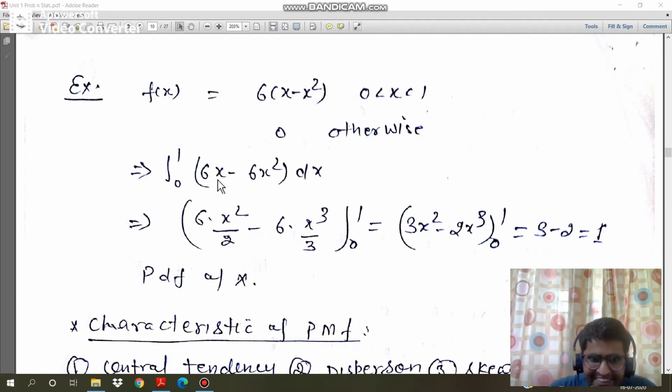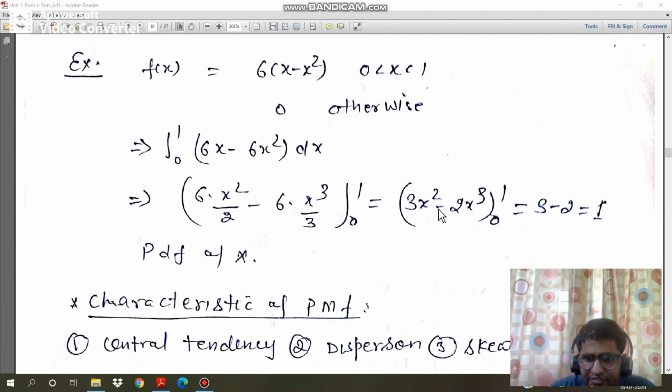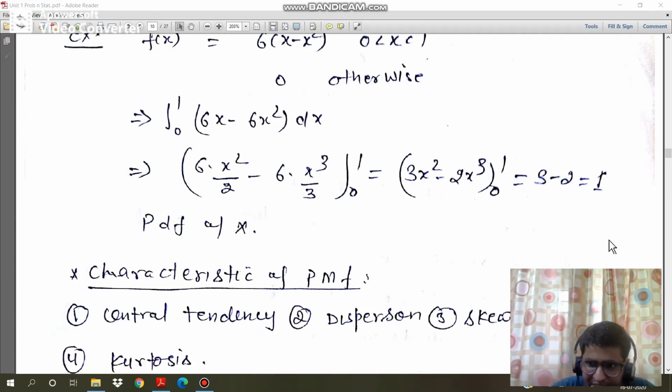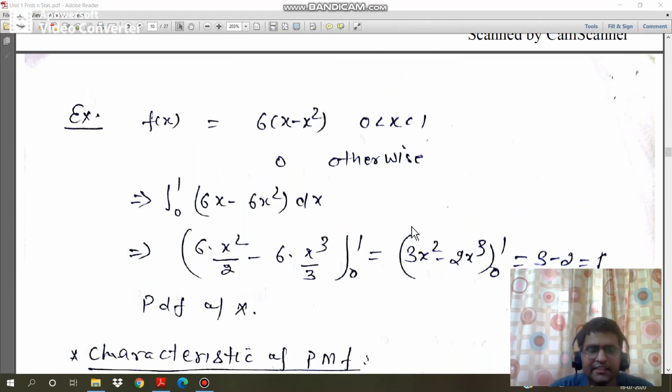The integral from 0 to 1 of (6x − 6x²) dx: 6 times x²/2 minus 6 times x³/3, limit 0 to 1, gives 3x² − 2x³, from 0 to 1, 3 − 2 equals 1. Okay guys, we are getting 1. This is a PDF.